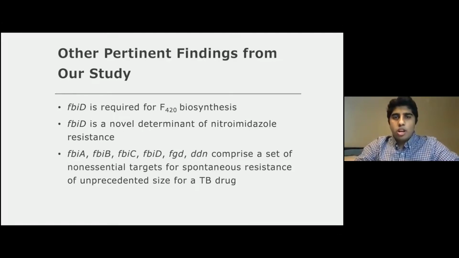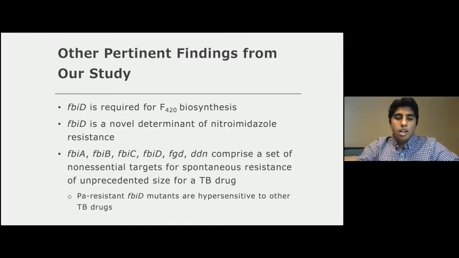So most drugs don't have this wide of a target range, but it seems from our study that although these nitroimidazoles are very effective at combating some of these clinical strains that don't respond to other treatments, they still have a humongous target area for mutations that could potentially confer resistance to them.